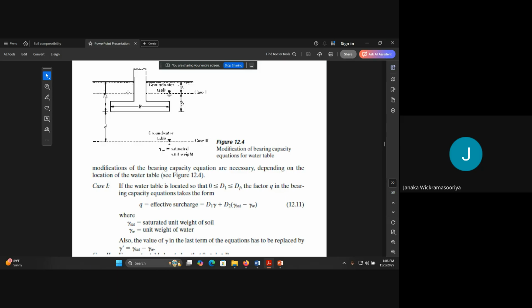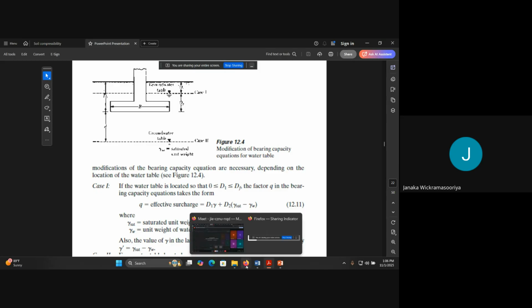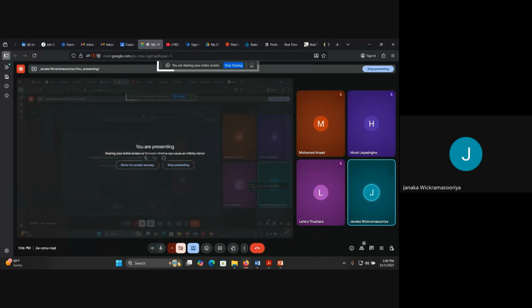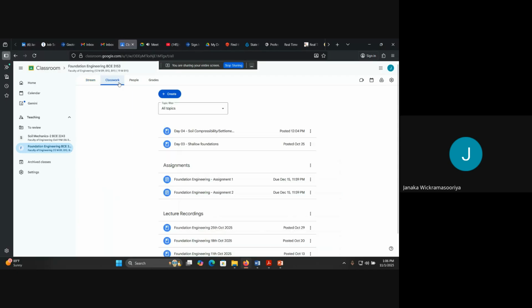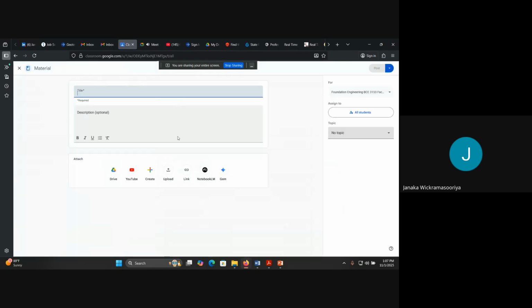I could not share that PDF with you, Neil. That reference book. Let me share that PDF also with you. I think how can I share that one? Classwork, create material, reference book, Braja M. Das.